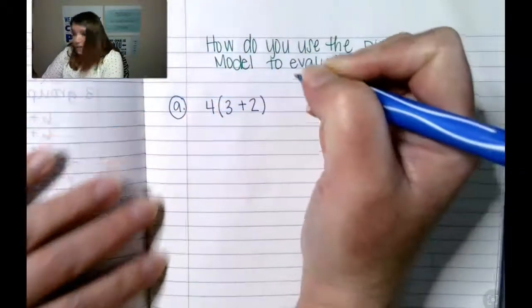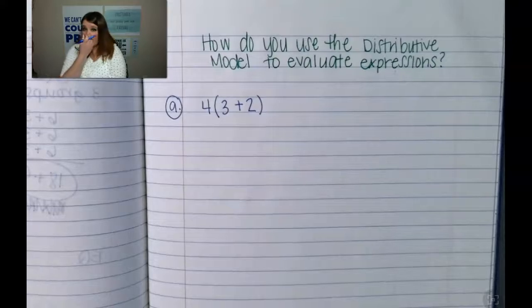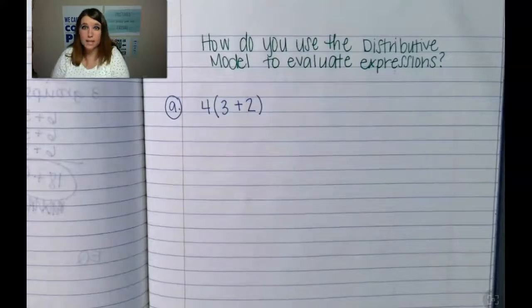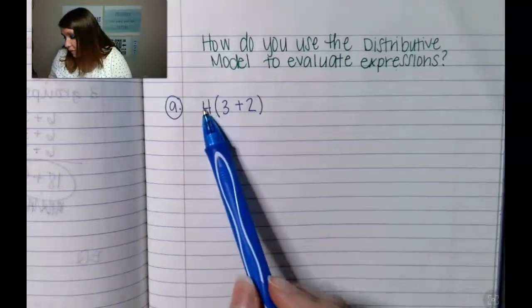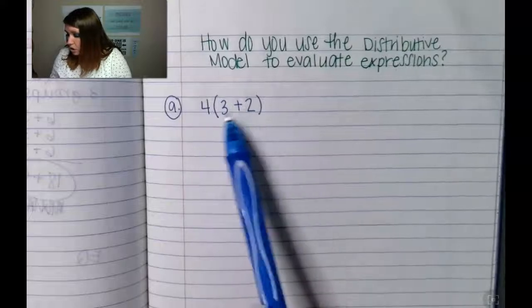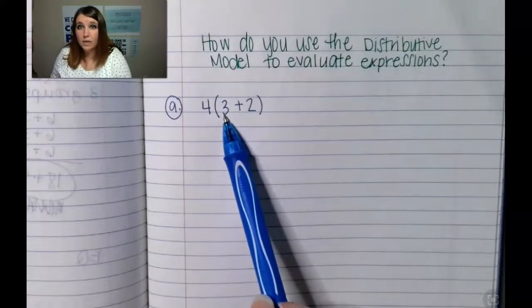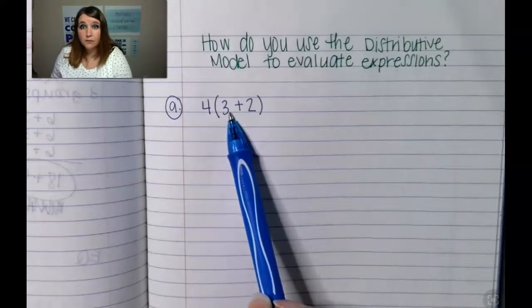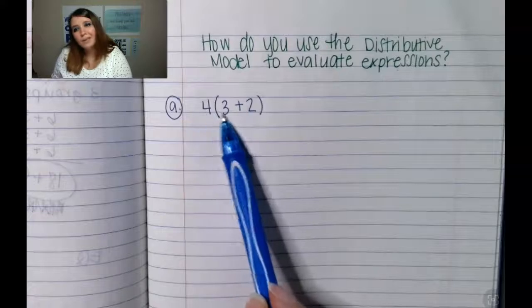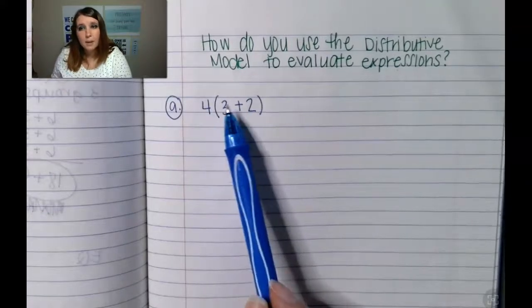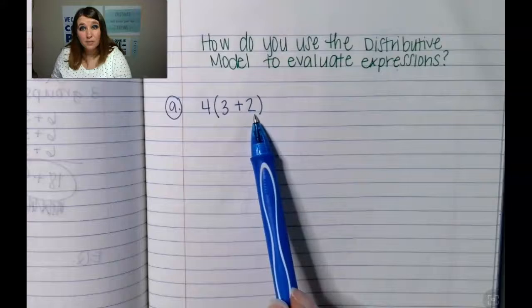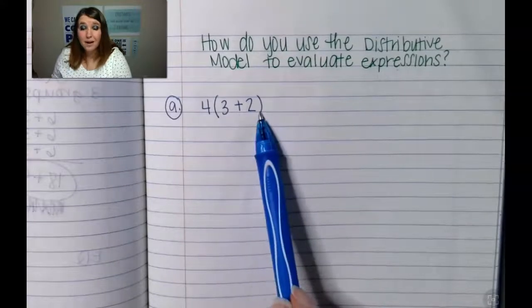All right, in the distributive property, it's all about multiplication. So again, you're going to share or pass out. We're going to take this 4 and share it with the 3. That's the first one, because we know the parentheses really mean that the 4 is being multiplied by everything in the parentheses. Groups of, right?